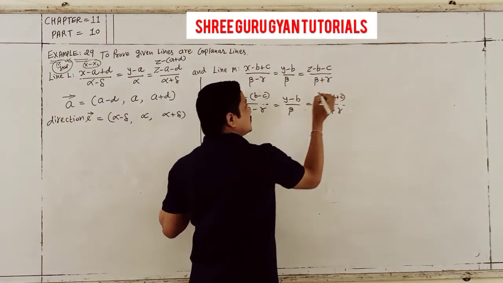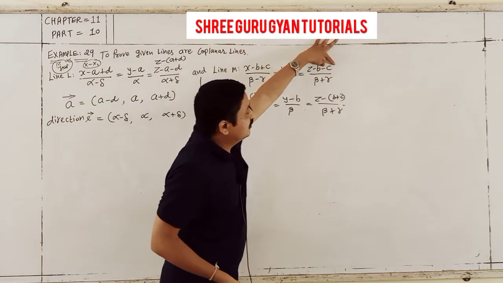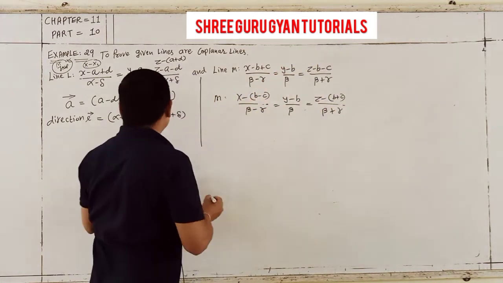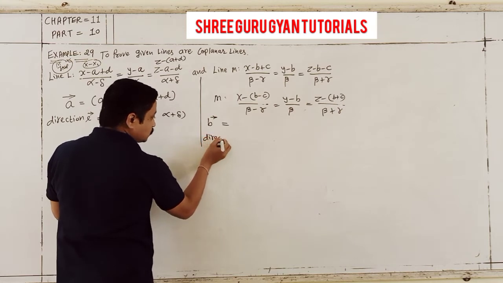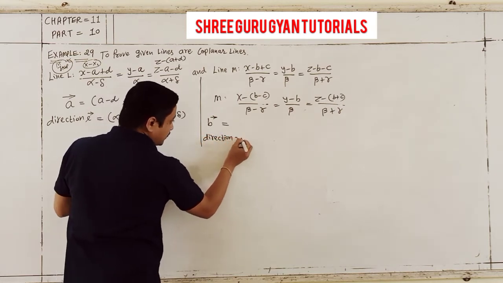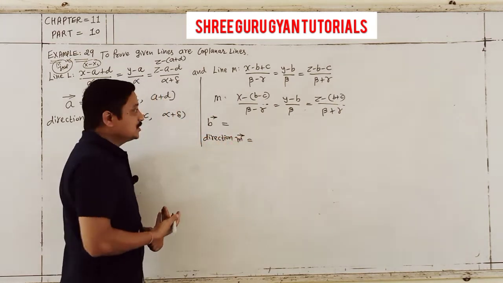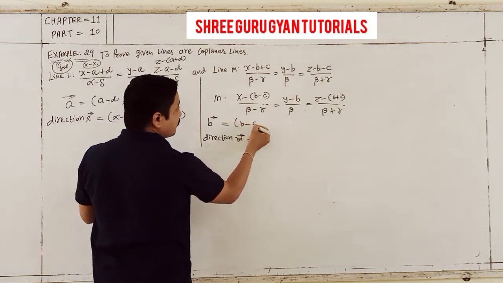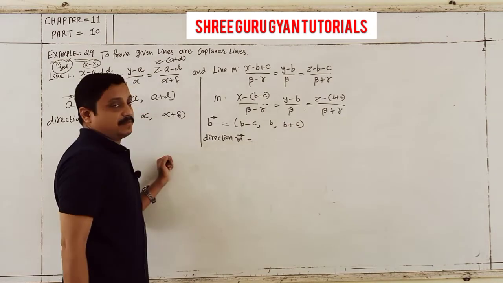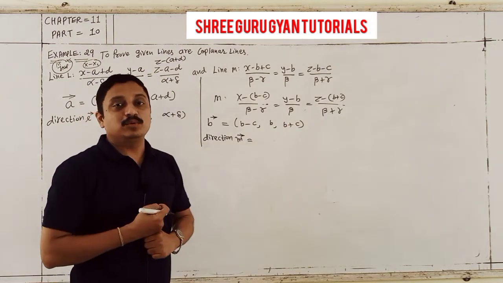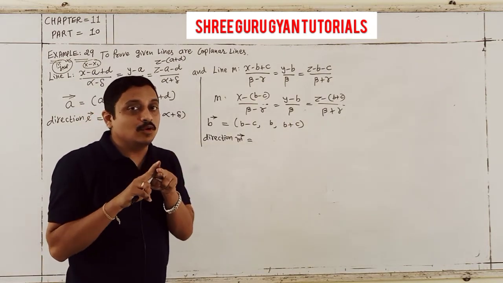And last, students, if you take minus common, then B plus C. So your line M passes through B and its direction is as obtained: B minus C, B and B plus C. Now I will prove both lines are coplanar.